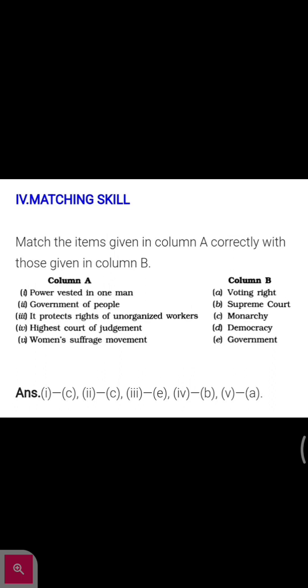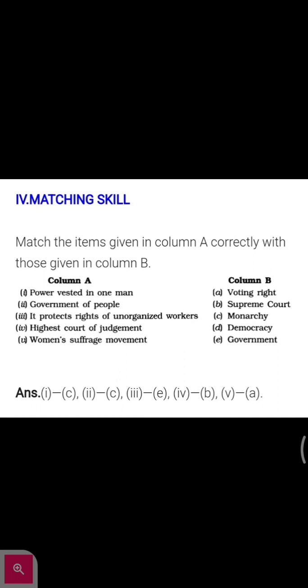Fourth, matching skill. Match the items given in column A correctly with those given in column B. Power vested in one man: Monarchy. Government of people: Government.